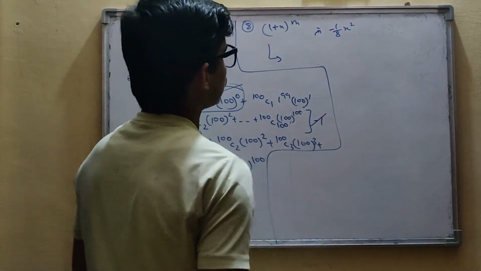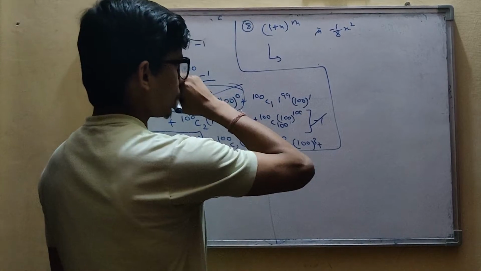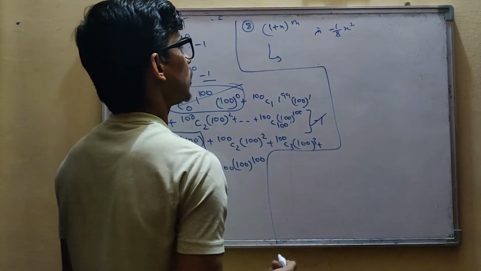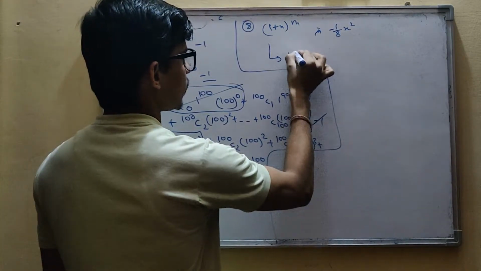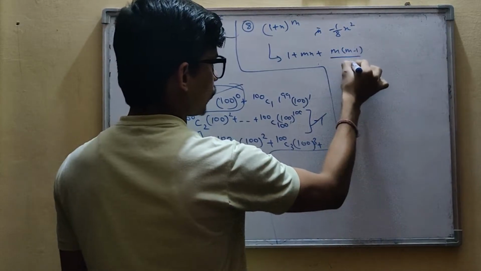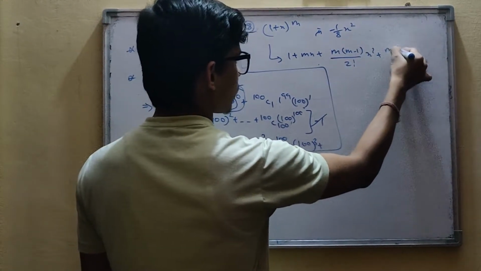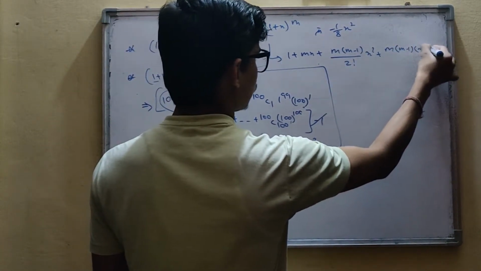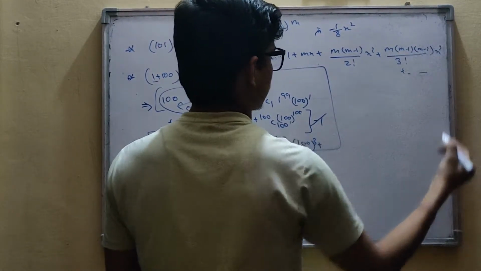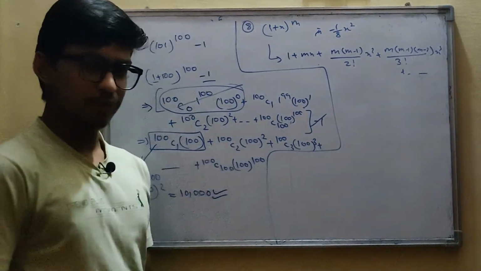There is a formula for this, which I mentioned in the last class. You can write it like this: 1 plus mx plus m into (m minus 1) upon 2 factorial x square plus m into (m minus 1) into (m minus 2) upon 3 factorial into x cube and so on. This formula goes till infinity.